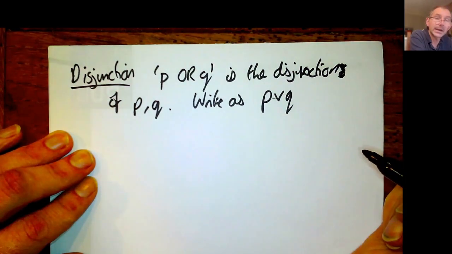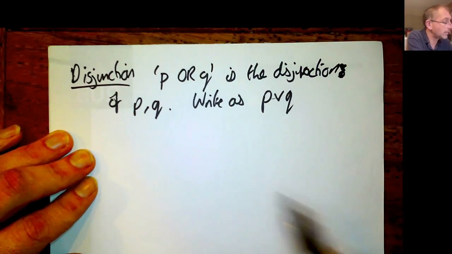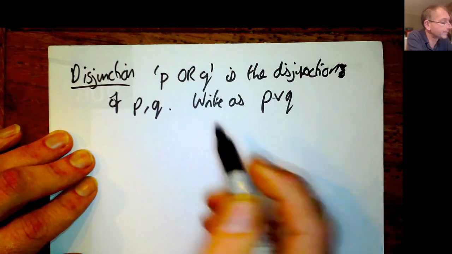Obviously, it looks a bit like what you do when you're writing union. So it's a sort of cup thing, but with an angle.